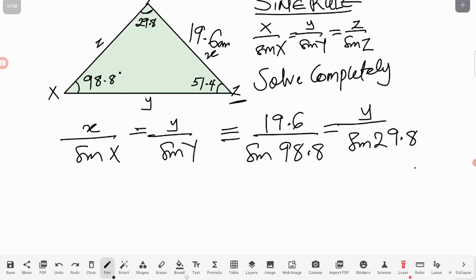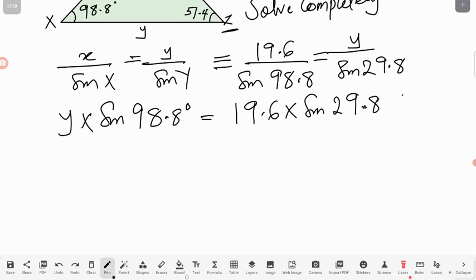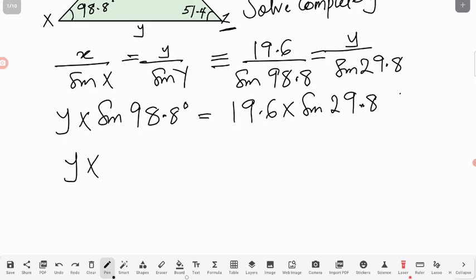Let's cross multiply to have y times sine 98.8 degrees equal to 19.6 times sine 29.8 degrees. So let's find the values from the calculator.